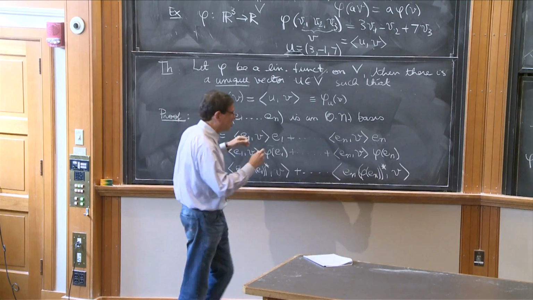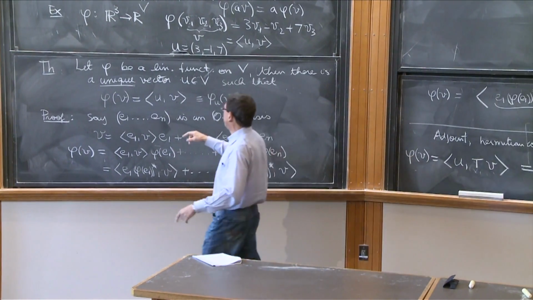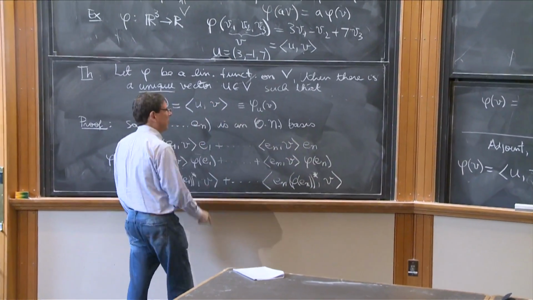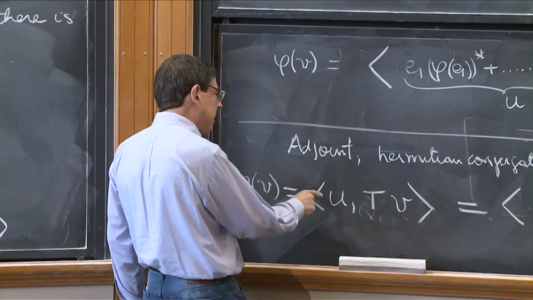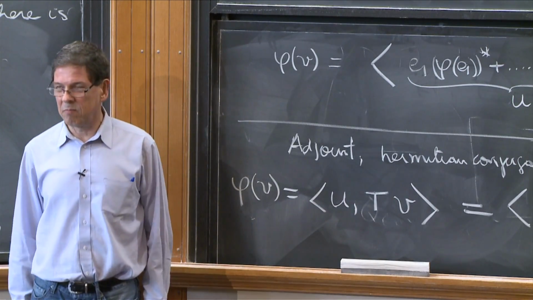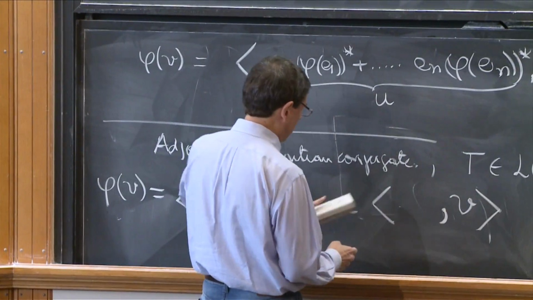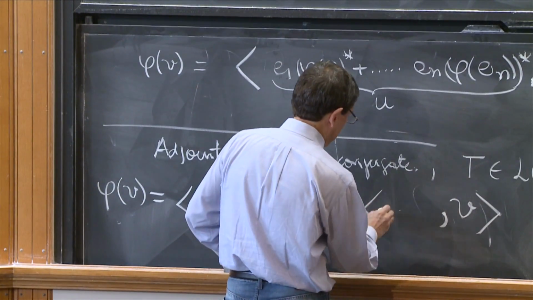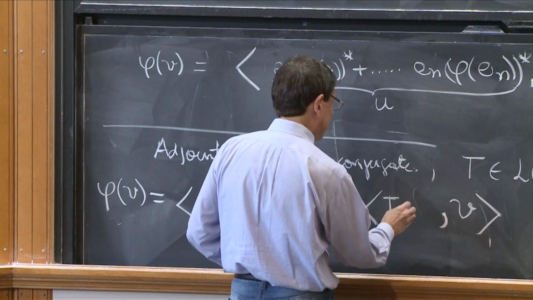Any linear functional, and this is a linear functional, can be written as some vector acting on V. So there must be a vector here. Now, this vector surely will depend on what U is. So we'll give it a name: it's a vector that depends on U.